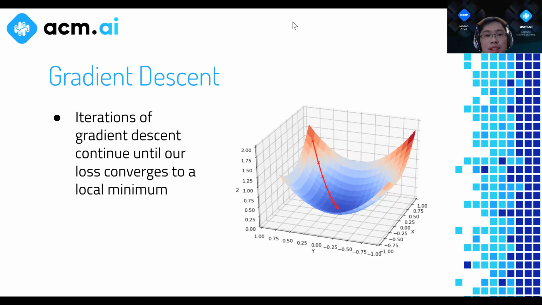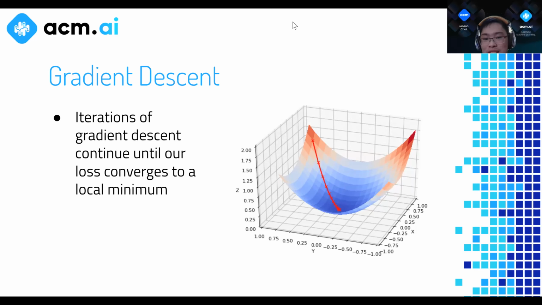There's this interesting property about the gradient of a function where it always points in the direction of the steepest ascent. So naturally, taking the negative of this vector would point us in the direction of steepest descent, which is super useful when we're trying to minimize our loss function. Our gradient descent algorithm will continue until our loss converges to a local minimum.